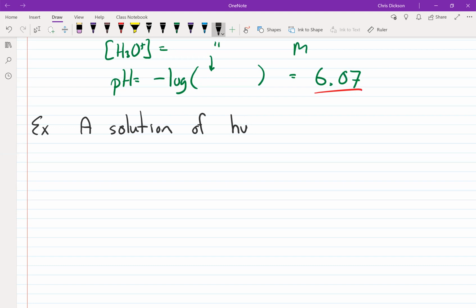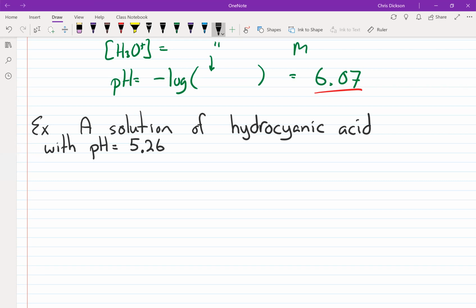Hydrocyanic acid. So that's a non-oxy acid. Hydrocyanic acid with a pH equal to, let's say, 5.26. Okay, so 2 sig fig number there.